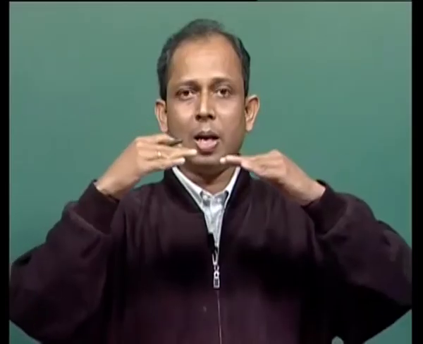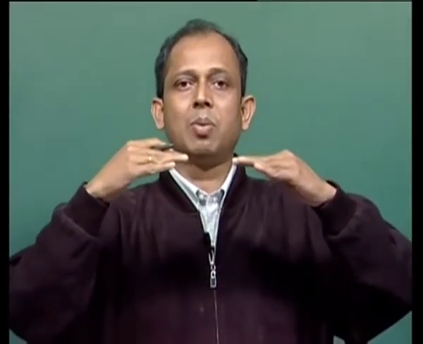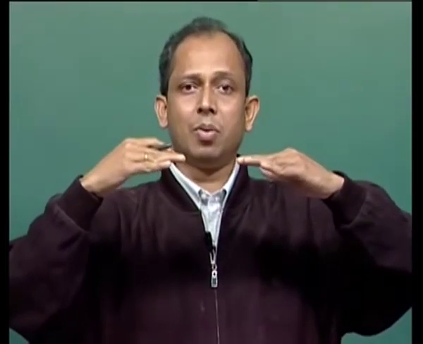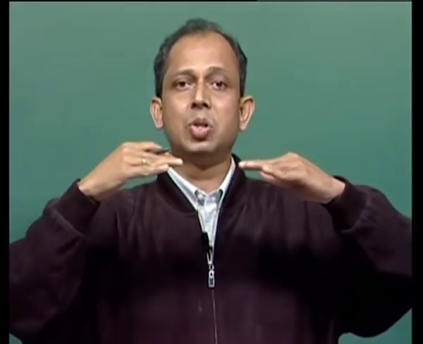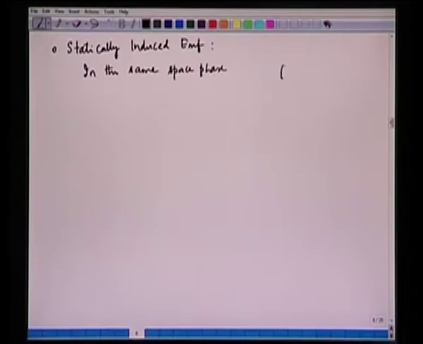The axes of the two coils are aligned, then only we will have maximum coupling, then only we will have maximum statically induced EMF. So if I have a winding here, if the other winding is also having the same axis, I will have the maximum coupling, and hence I will have maximum statically induced EMF. This is in the same space phase, but pi by 2 lagging in time phase.